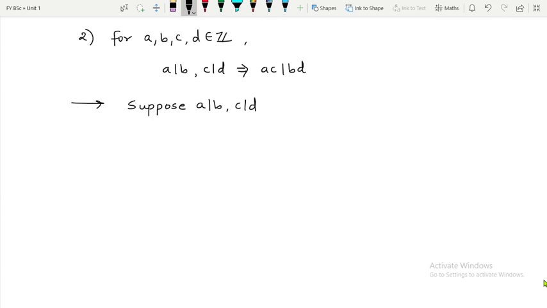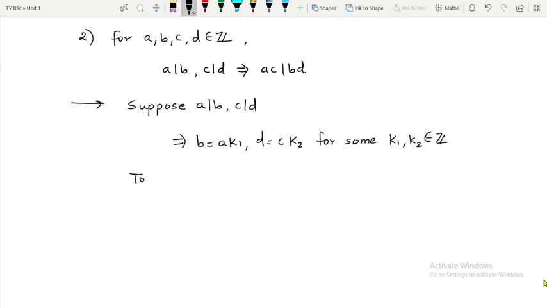Now since A is dividing B and C is dividing D, this will imply B will be equal to AK1 and D will be equal to CK2 for some K1 K2 belonging to Z. Now what do we have to prove? AC divides BD, that is nothing but what?